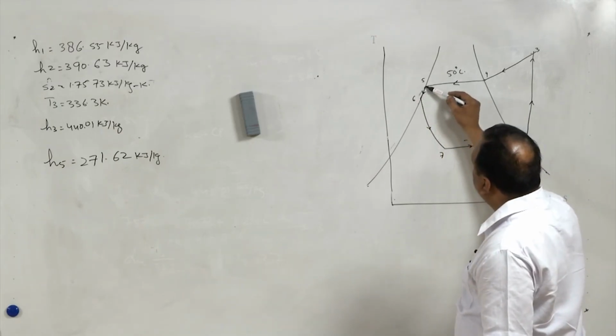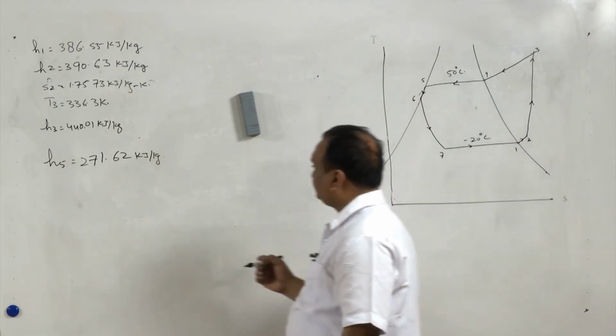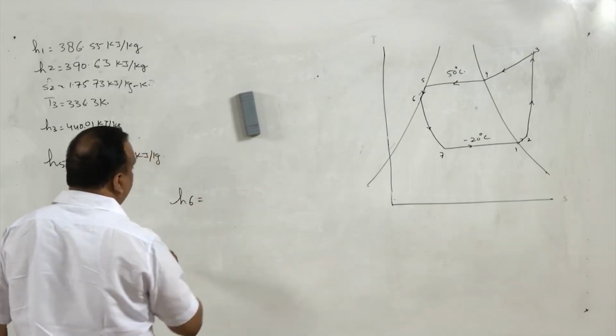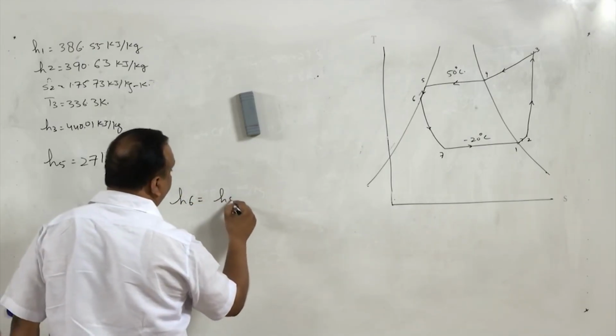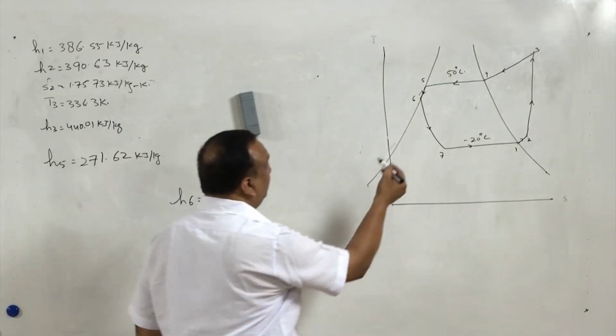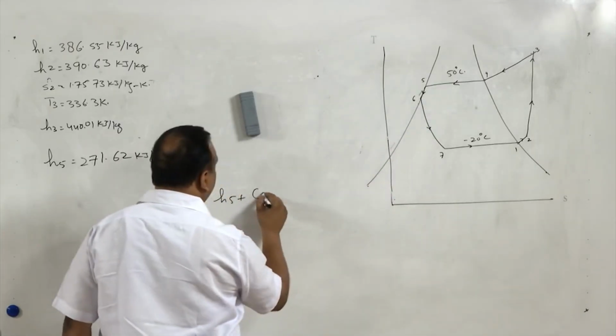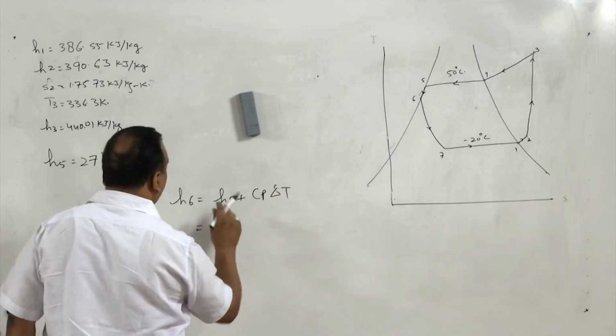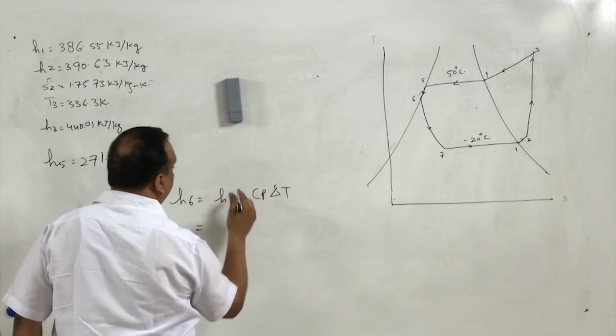So the enthalpy at 6 is equal to enthalpy at 5 minus, because there is a subcooling of 5 degree centigrade, Cp delta T. Sorry, it is minus, not plus.